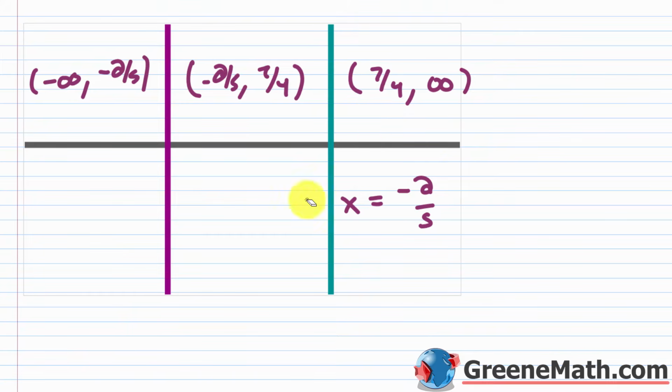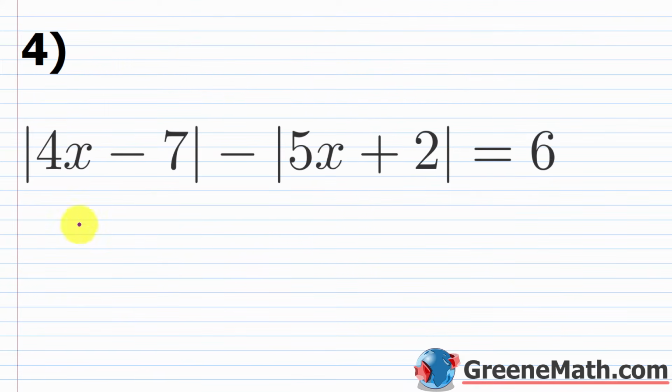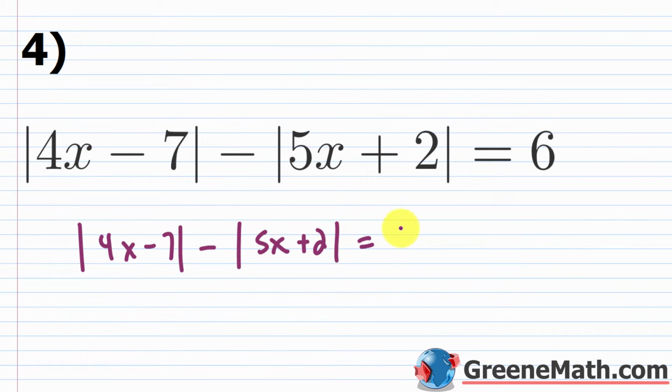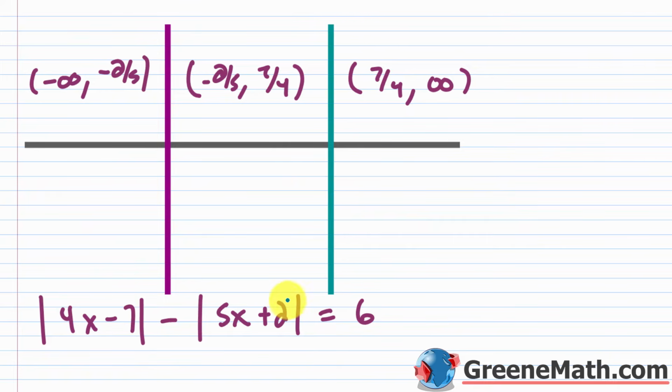Okay, so let's look at our equation. We have the absolute value of 4x minus 7, then minus the absolute value of 5x plus 2, and this equals 6. Coming back here, in this interval right here, both of these guys are going to be negative. So I want the negative of this quantity 4x minus 7, and then I want the negative of this quantity 5x plus 2.